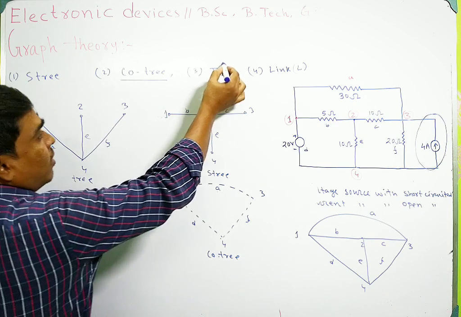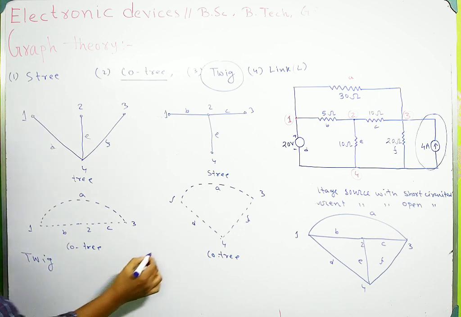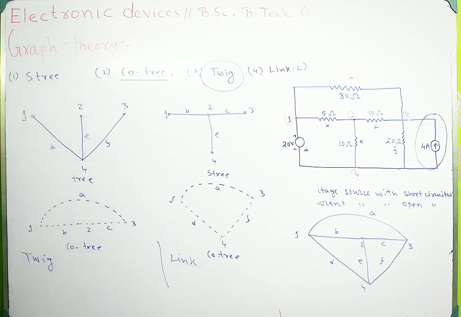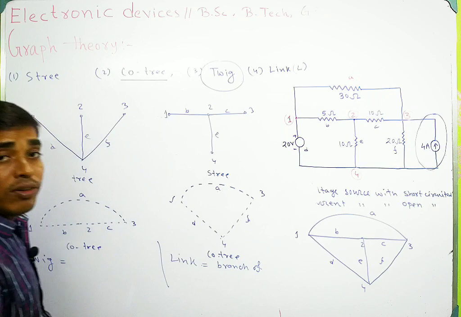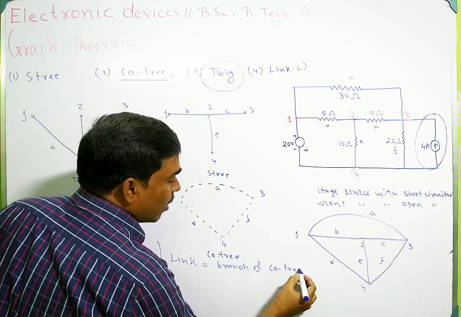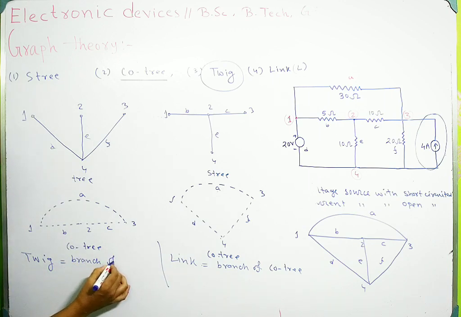Number 3 is twig and link. The branch of a co-tree is called a link, and the branch of a tree is called a twig.